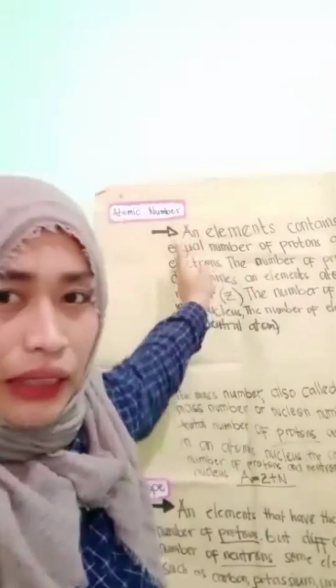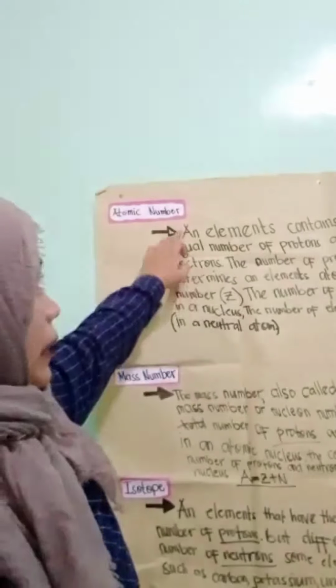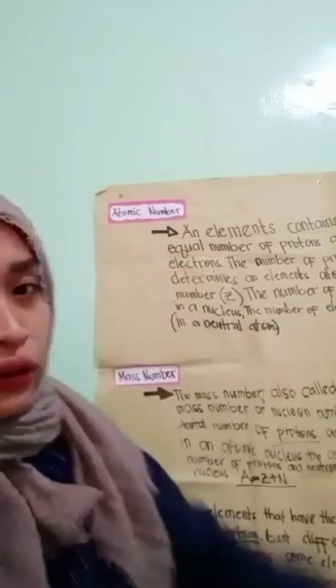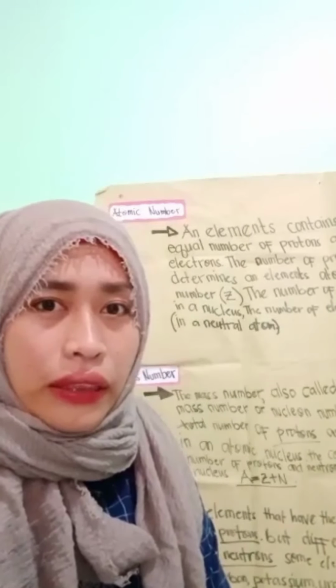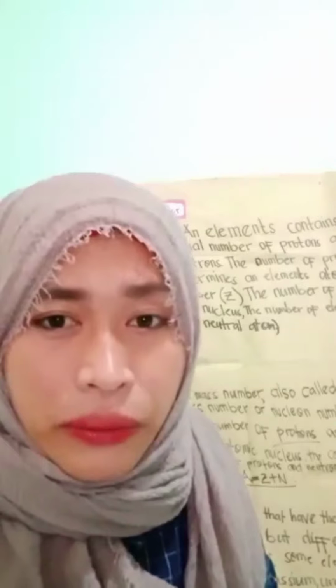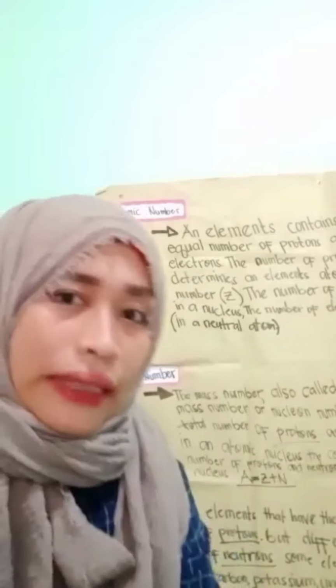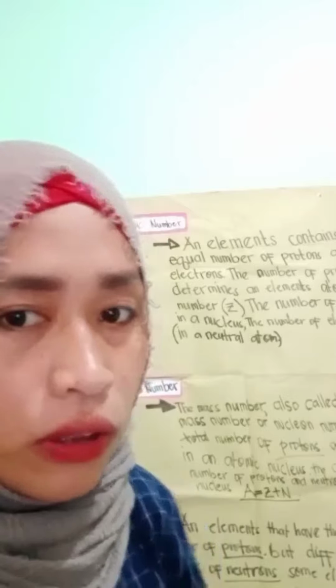Number 1 is about the atomic number. The atomic number: an element contains an equal number of protons and electrons. I will give examples later.